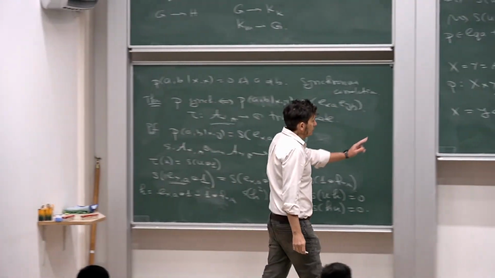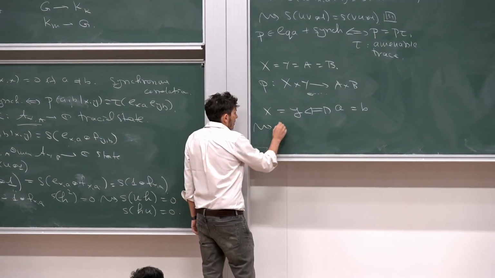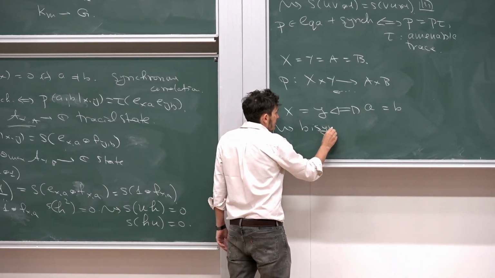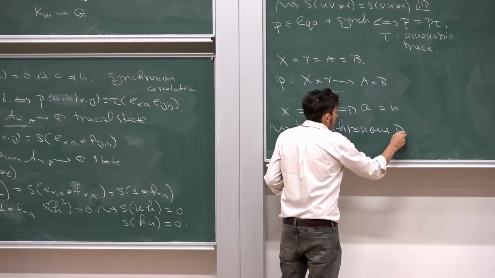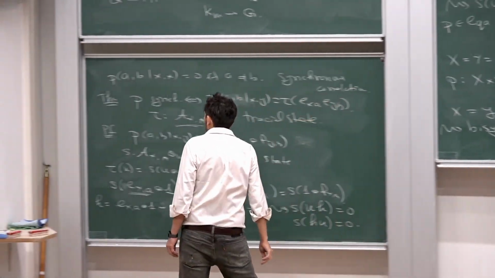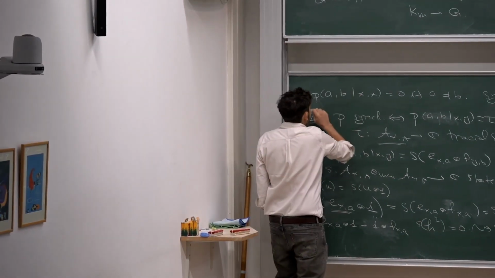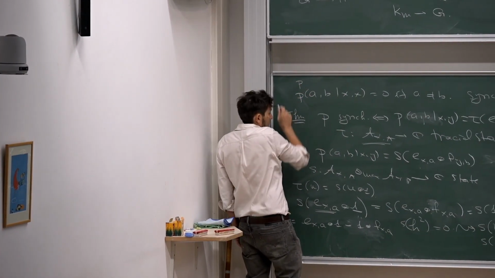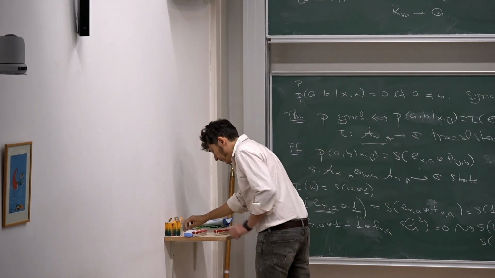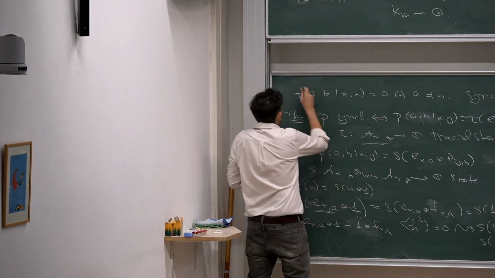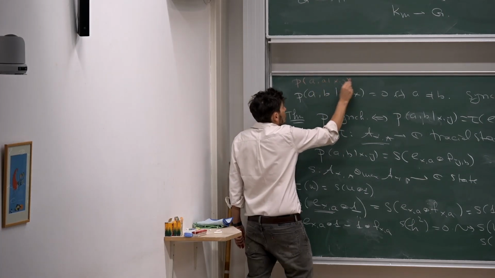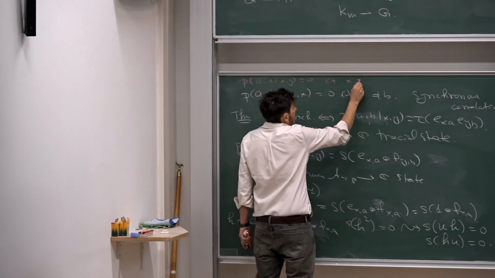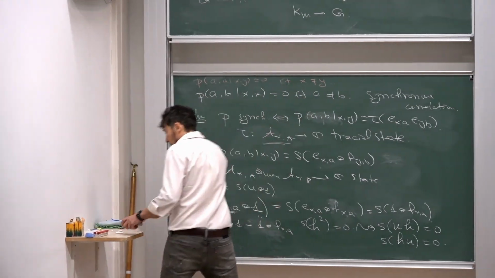And this condition on the correlations is the bisynchronicity condition, which adds one more term here, right? In addition to this, you would want P of a given xy also to be 0 if x is different from y.